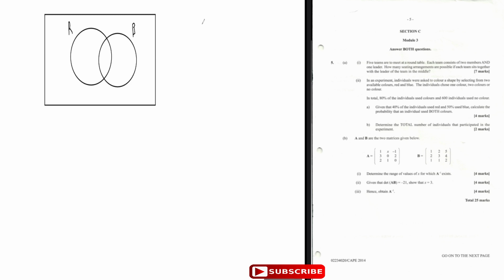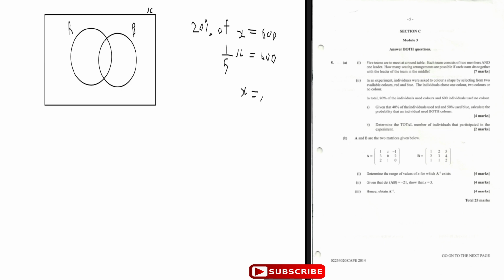It says 20% of individuals use no colors, because if 80% use colors, 20% don't. So 20% of the total amount of students, let's call the total amount of students X. So 20% of X is equal to 600. Remember 20% is 1 over 5, so 1 over 5 x is 600, and then x is 3000.